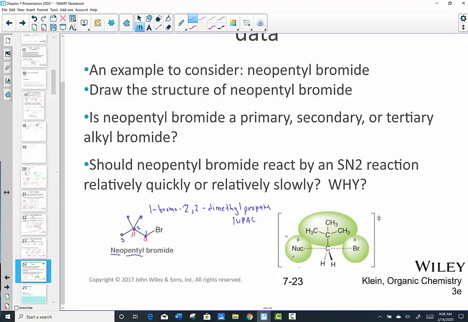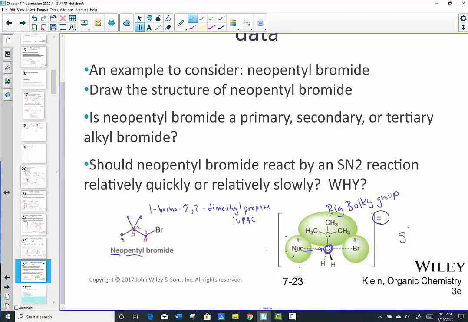Would you predict this to have a mechanism by SN2 reaction? And would it be fast or slow, and why? And just really bringing that previous slide back, here's your electrophilic carbon. This is your target. This is your big, bulky group. In the transition state, this big bulky group is actually hindering the ability of the nucleophile to have a successful collision and force the leaving group to leave.